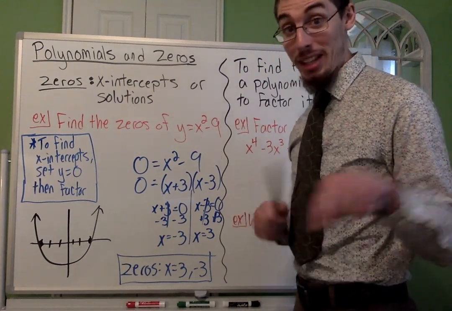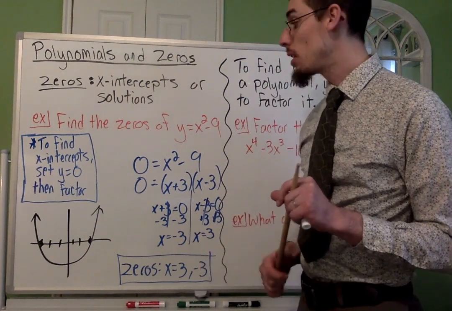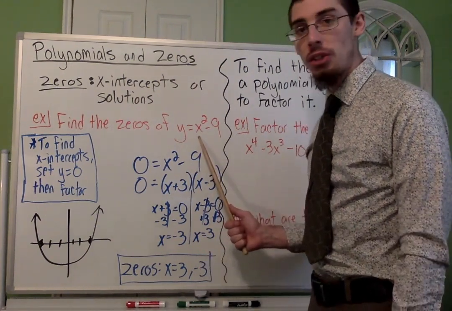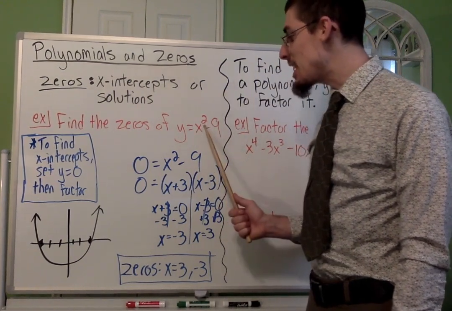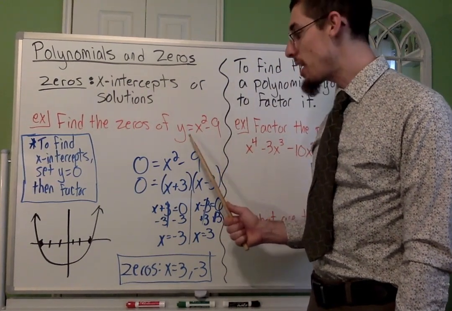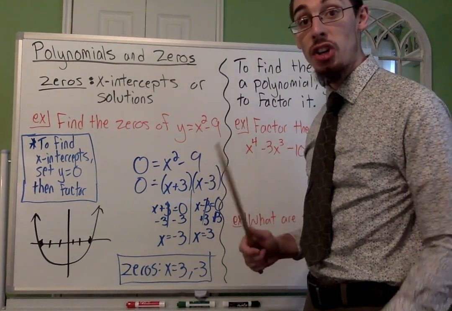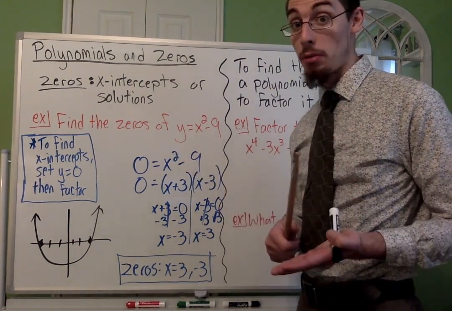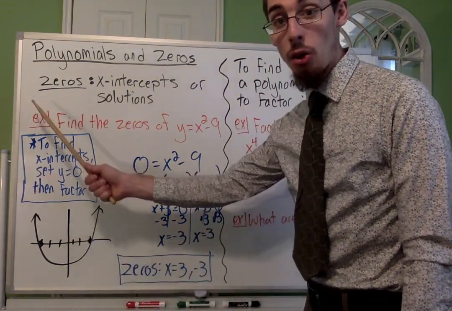Now, if you also relate this back to the last lesson, we talked about end behavior. And that always depends on the leading coefficient. If it is even degree with a positive leading coefficient, the end behavior is up and up. Look at this graph. On the left side, it goes up.